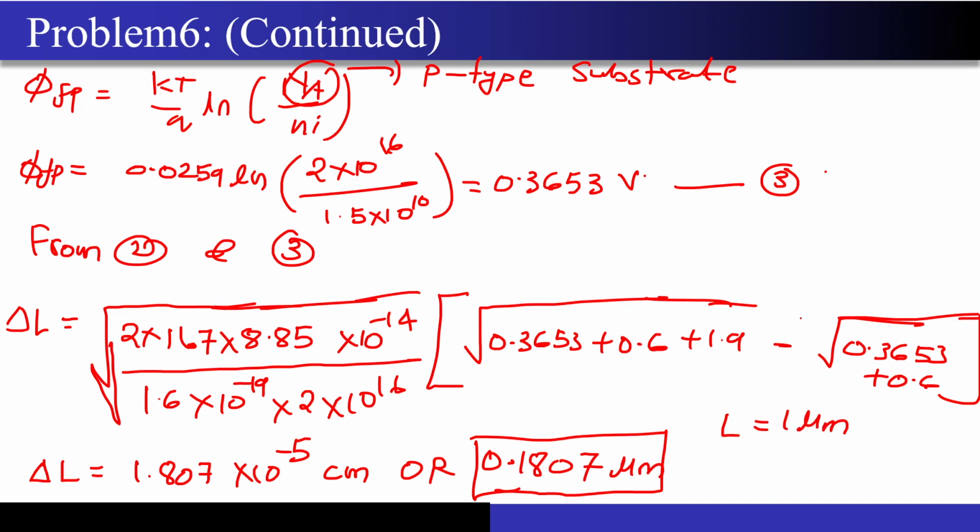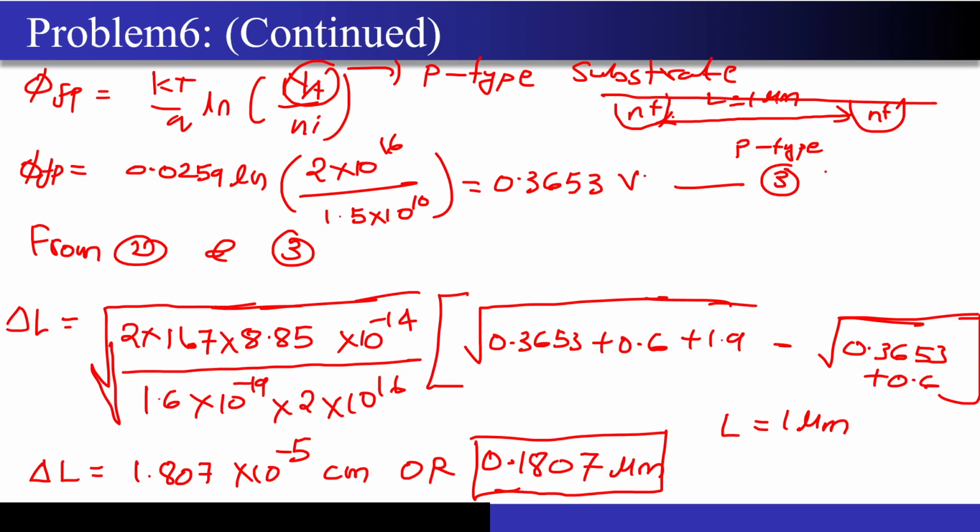So if I quickly draw a cross section over here, this is my N plus, this is my N plus, this is my P-type substrate, right? Correct? So now if I look over here, this was my L value. L was 1 micrometer. And now what I am telling is, my channel will be pinched off, right?